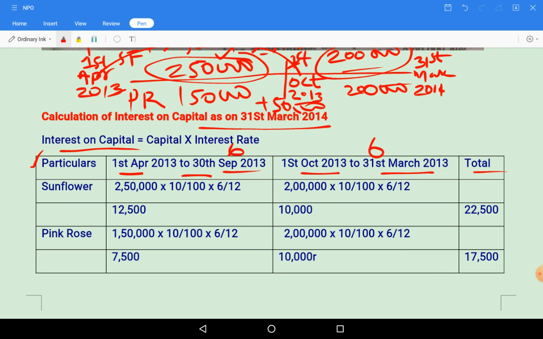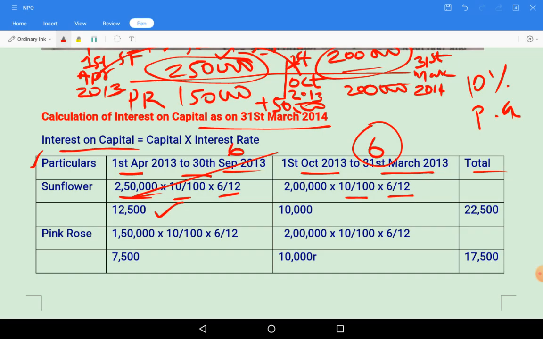पहले 6 महीने में, दिस इज 6 months, दिस इज अनदर 6 months, टोटल इंटरेस्ट. ओके. सो 2,50,000 इंटू 10/100 इंटू 6/12 करे तो 12,500 आ रहा. 2 lakhs इंटू 10/100 इंटू 6/12. सर 6/12 क्यों कर रहे हैं? 10% जो है वो पर एनम है, पूरे साल का है, मगर अपने को 6 months का चाहिए, क्योंकि ये 6 months में 2 लाख है, इससे पहले वाले 6 months में 2,50,000. वी आर हैविंग April to September 6 months period have taken.